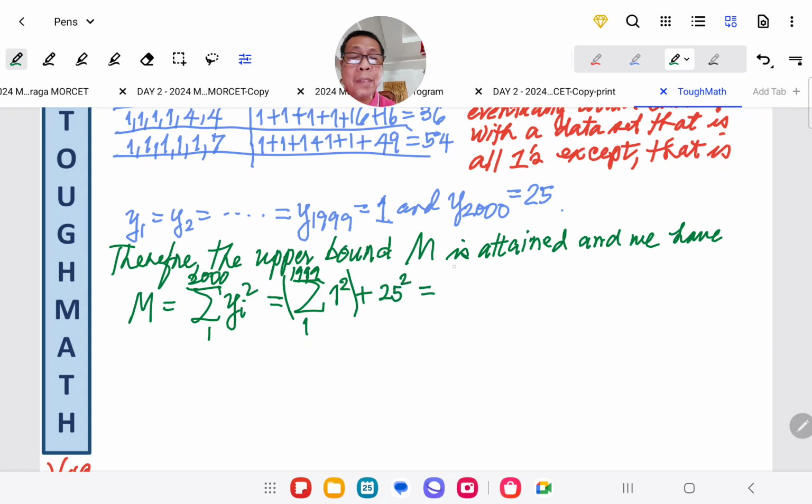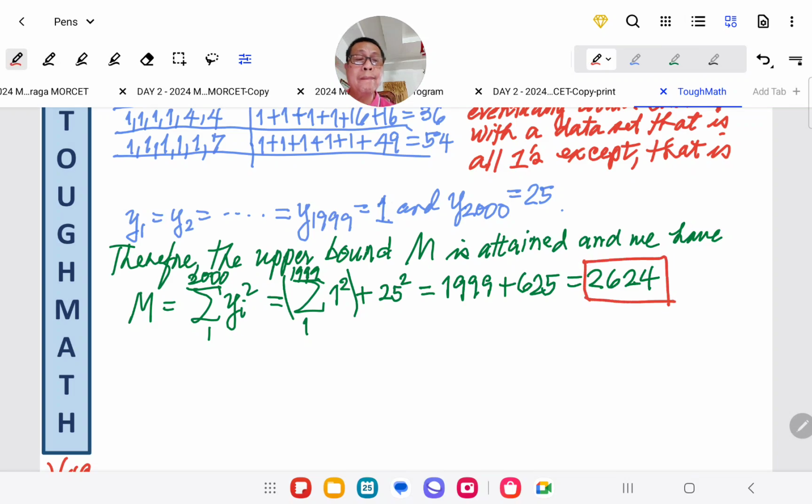So the first sum is just 1999 plus 625 equals 2624. So this is the upper bound.